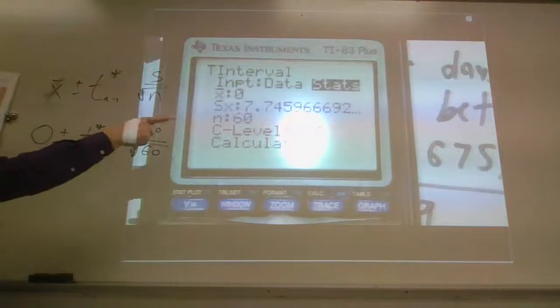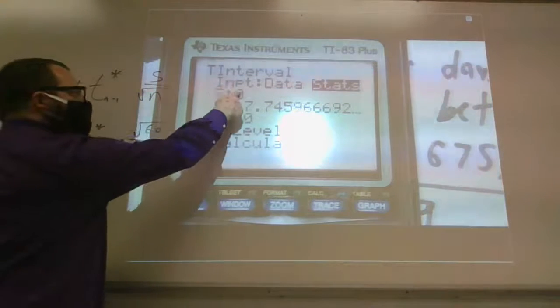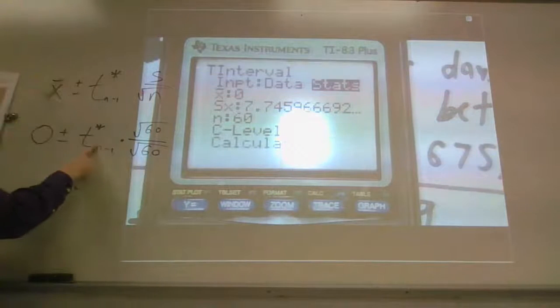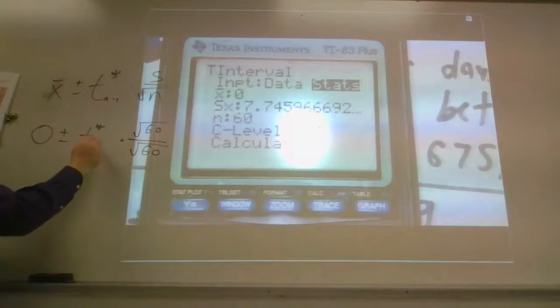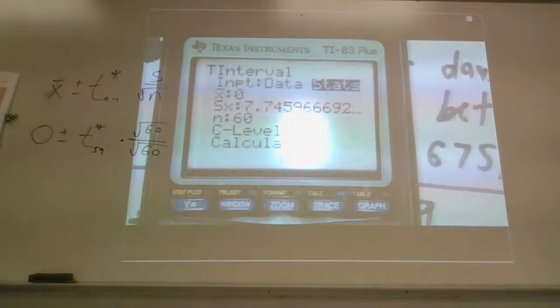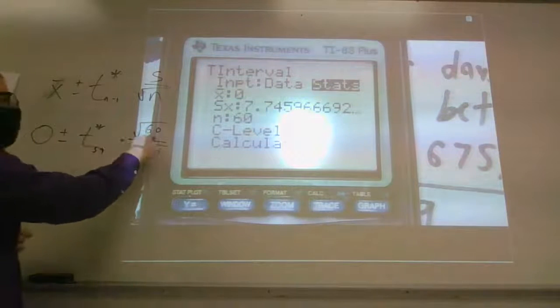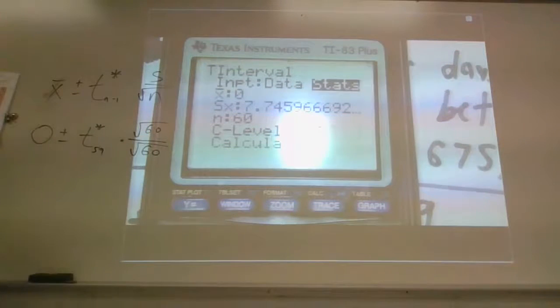By running this with a mean of 0, the proper sample size, which, by the way, N is 60, which means that forces that to be a 59. By running this sample size, that mean, that sample standard deviation. Look what happens when I calculate.